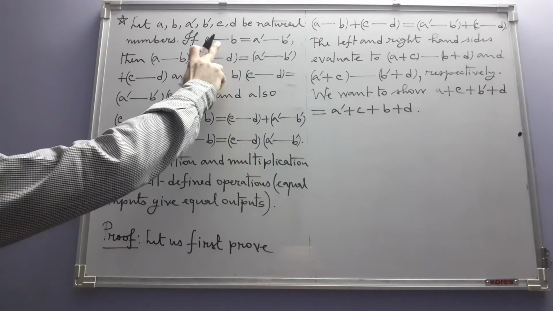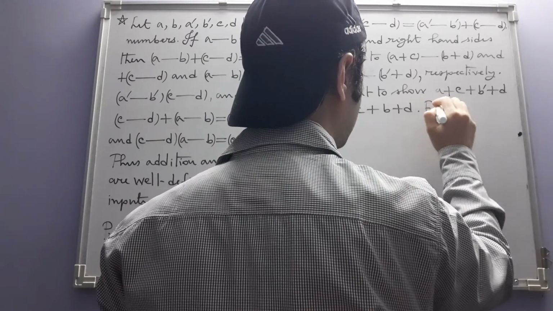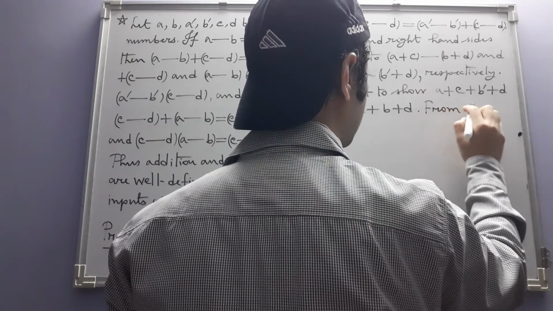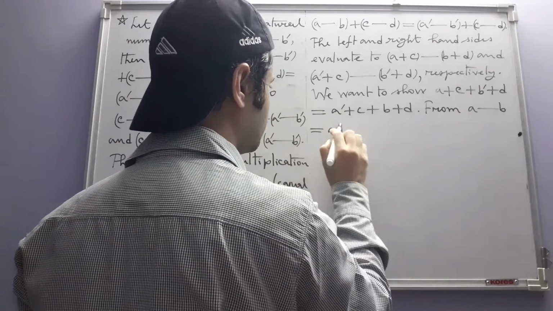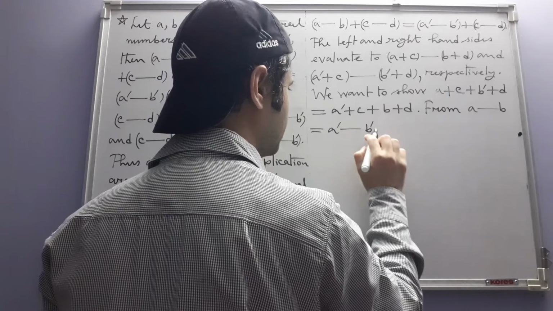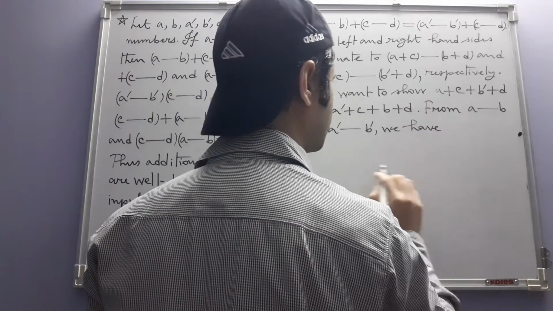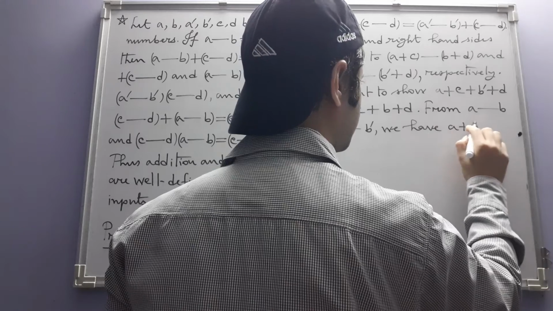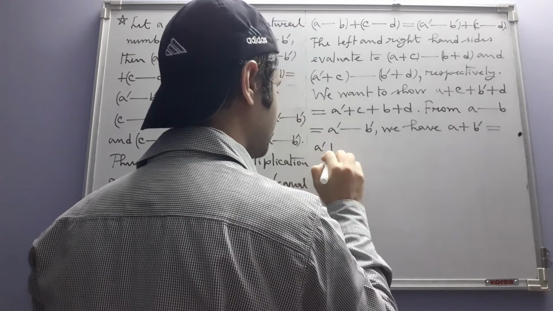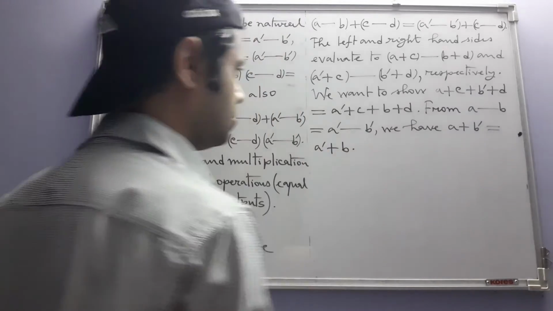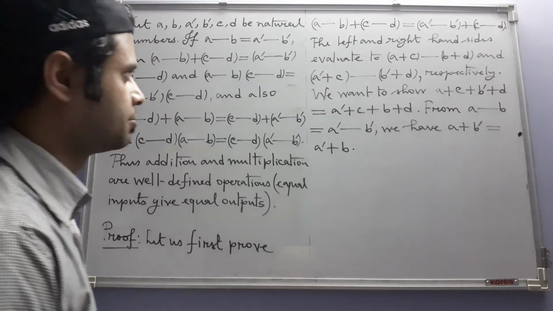The only thing given to us is this equality, a dash b equal to a prime dash b prime. We have a plus b prime equal to a prime plus b, and this is an equation in the system of natural numbers.